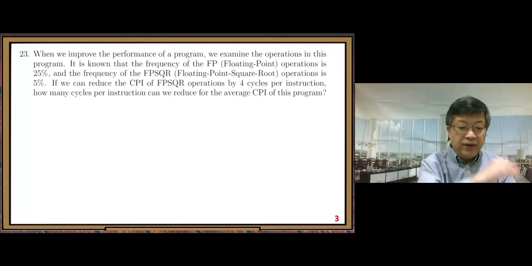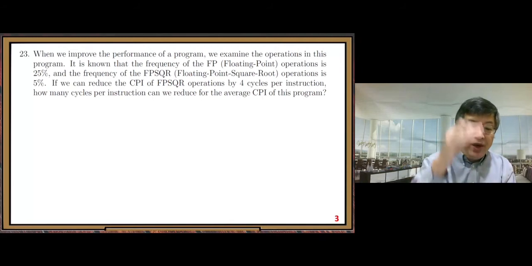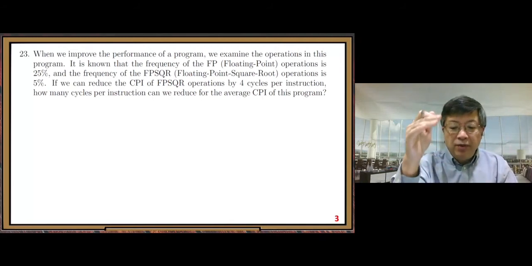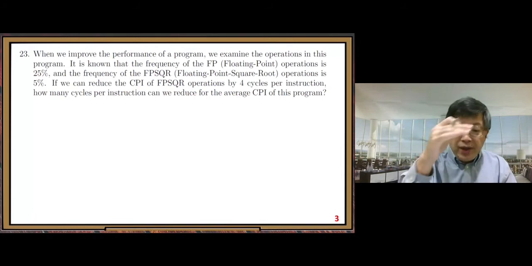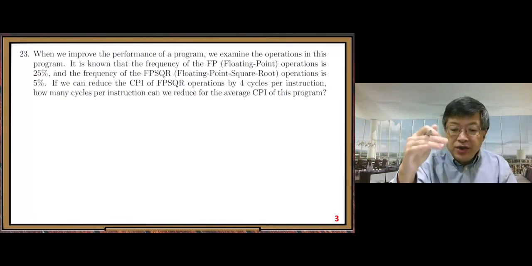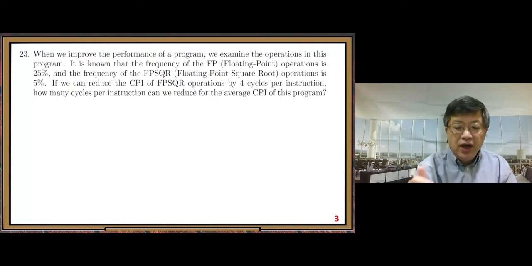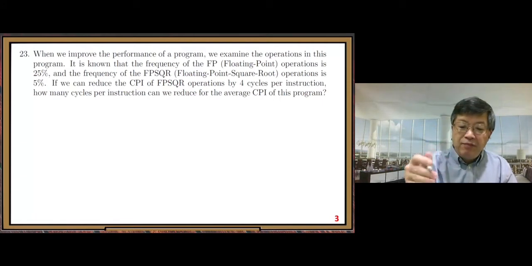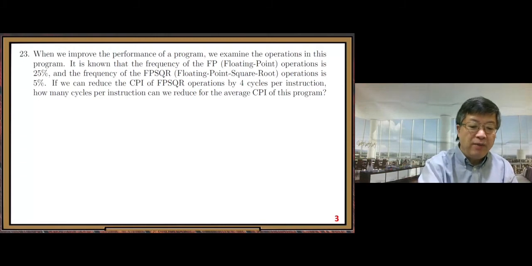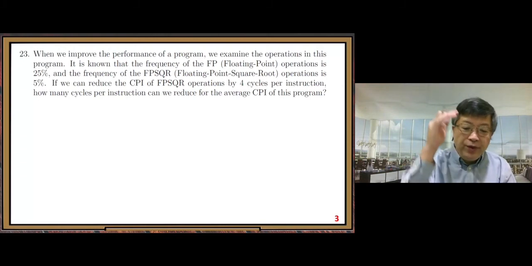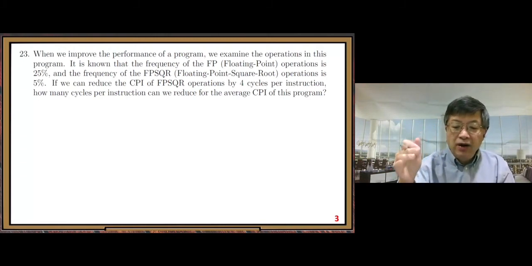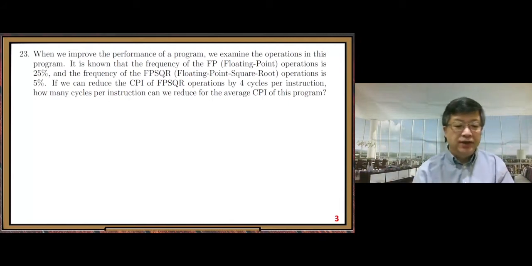All right. The last question I want to talk about in this hint part. Question 23. When we improve the performance of a program, we examine the operations in this program. It is known that the frequency of FP is given as 25%, and the frequency of FPSQR is 5%.